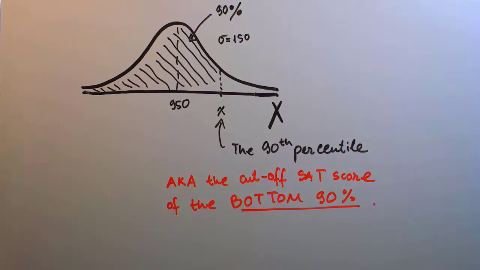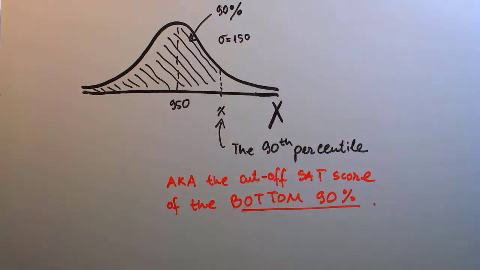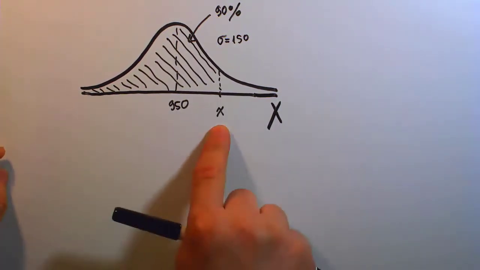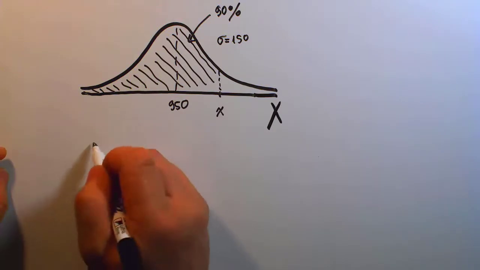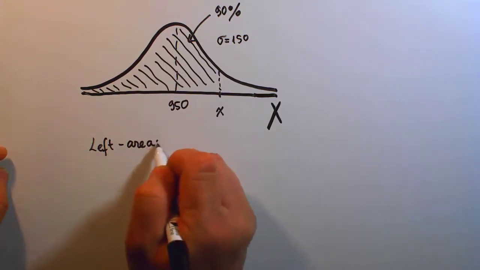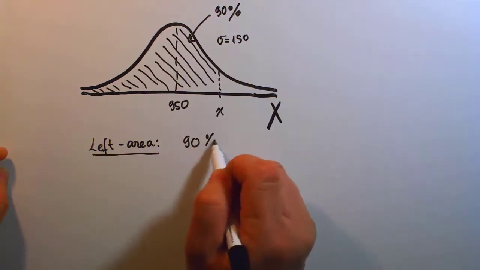And once we understand the true meaning of a percentile in our entire continuous random variable data, then the work to find the actual cutoff will become quite simple. Having x here being the 90th percentile, what it means is the amount of area to the left, which I call left area, is right out of the box 90%.